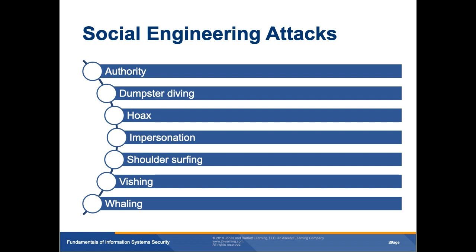Impersonation, pretending to be someone else, like an IT help desk or delivery person, a bank representative. Shoulder surfing, looking over someone's shoulder while they're typing on the screen. Vishing, performing a phishing attack by telephone in order to exploit personal information, or using verbal coercion, persuasion, quote, sweet talking the individual into doing something.